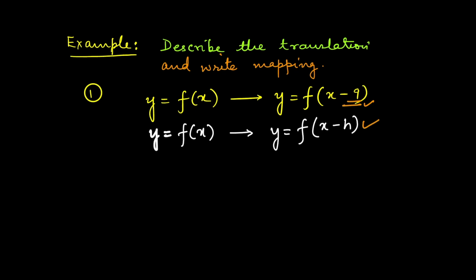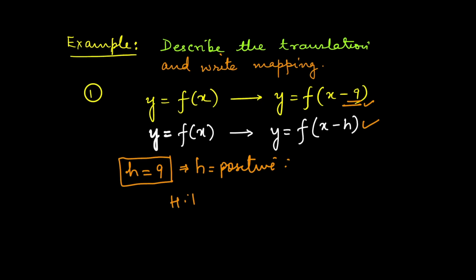H is 9, and since it is positive, we write that there is a horizontal translation of 9 units towards the right. And how do we write the mapping?